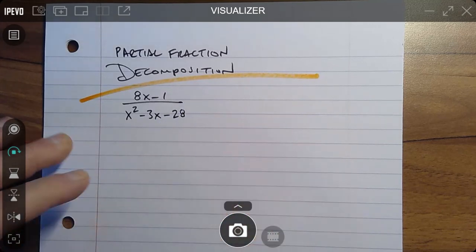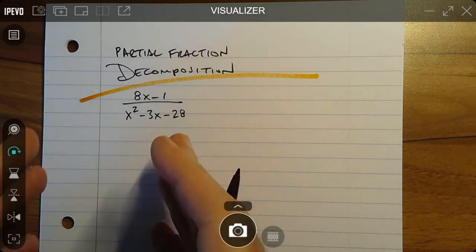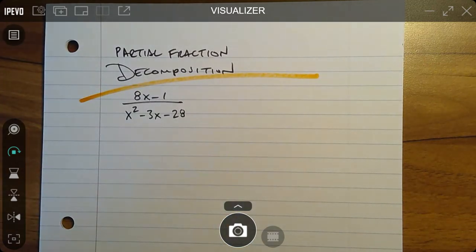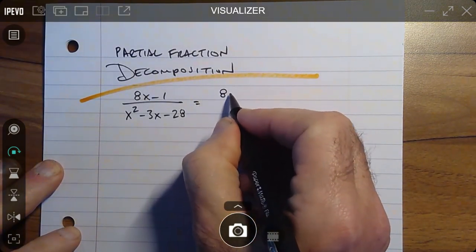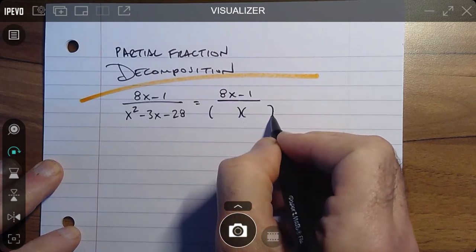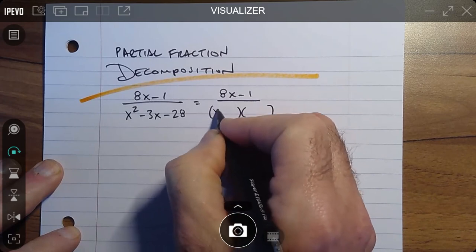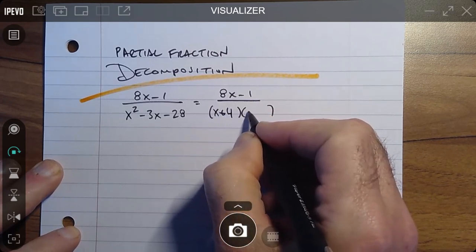And we want to see if that expression, that rational expression, can be split up. So in this form, it's not as useful to us as if it was taken apart. So one of the keys to being able to do partial fraction decomposition is that the bottom factors. So if it doesn't factor, it's not going to be able to be decomposed.